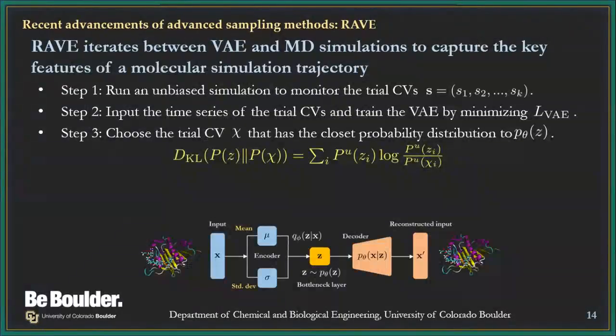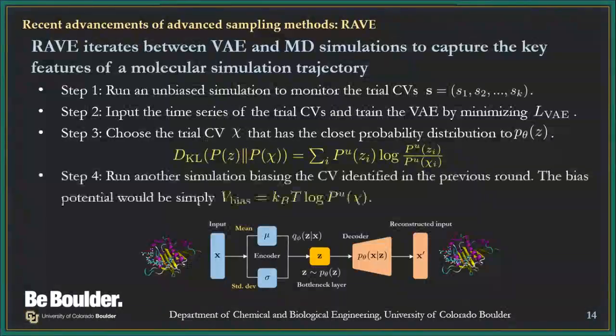After a collective variable is identified in the first round of RAVE, we then run another simulation biasing this collective variable, chi, whose biasing potential can be easily calculated using the equation you see in the slide. We want the simulation to be biased such that it is able to explore the configurational space more comprehensively.